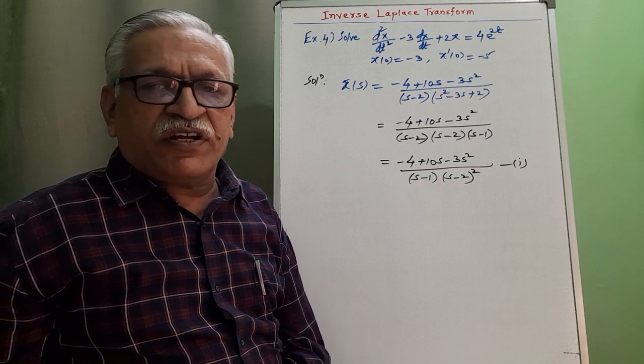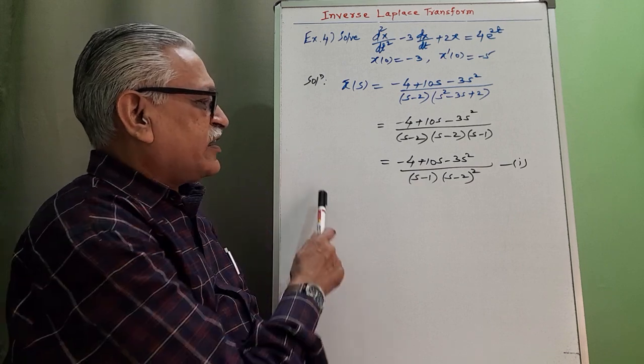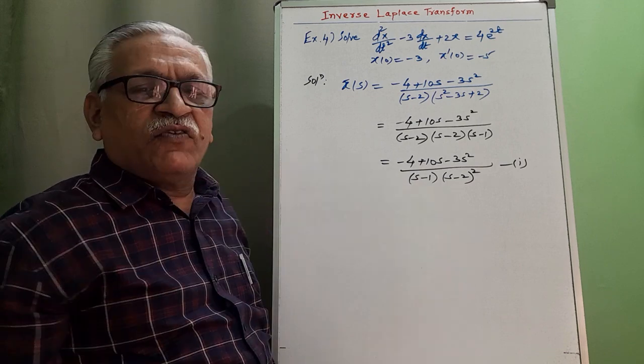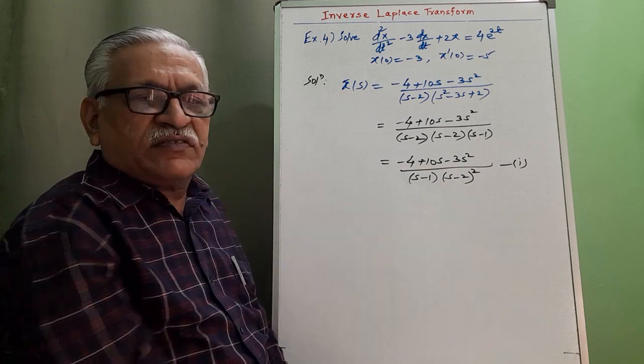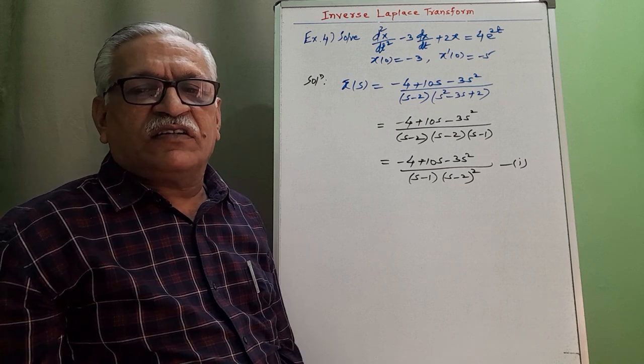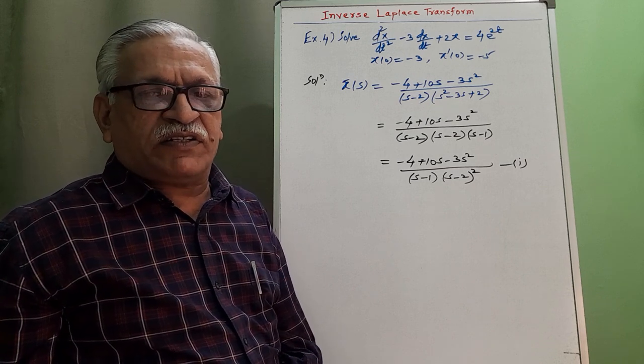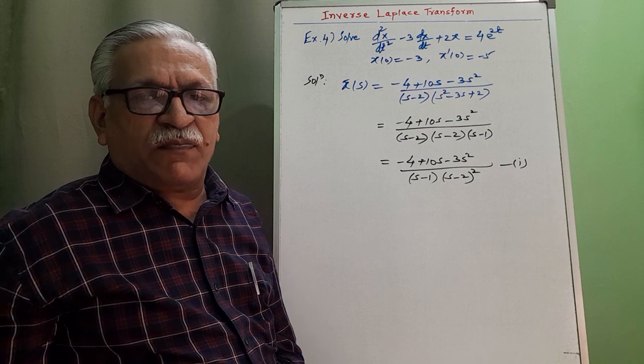Half part is over here. Then in the second part we have to obtain the inverse Laplace on both sides. And as here there are 3 factors in the denominator, we have to apply only the partial fraction method. The convolution theorem is not applicable here.